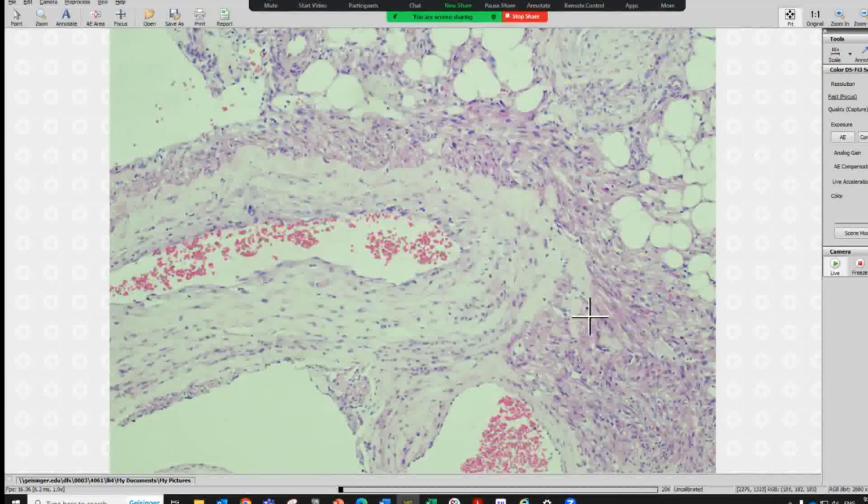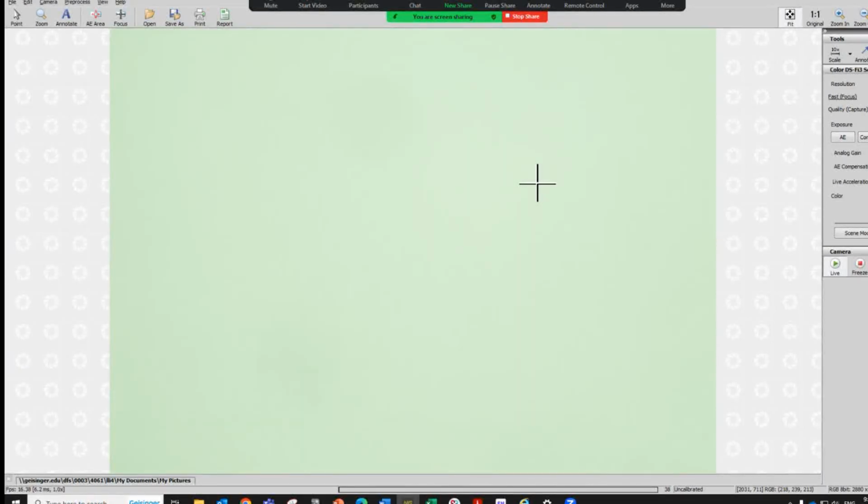Sometimes they show characteristic smooth muscle cell features, like this cigar-shaped nucleus, and they hug the vessel. So these are the perivascular epithelioid cells. Remember the characteristic immunostaining: melanocytic markers like HMB45 and MART1, and also smooth muscle actin for the muscle differentiation of these cells. So let's move on.